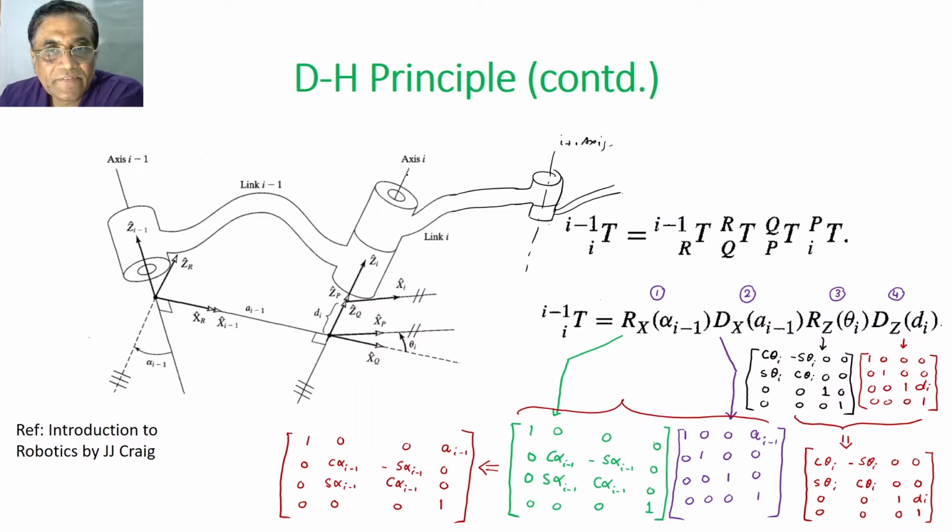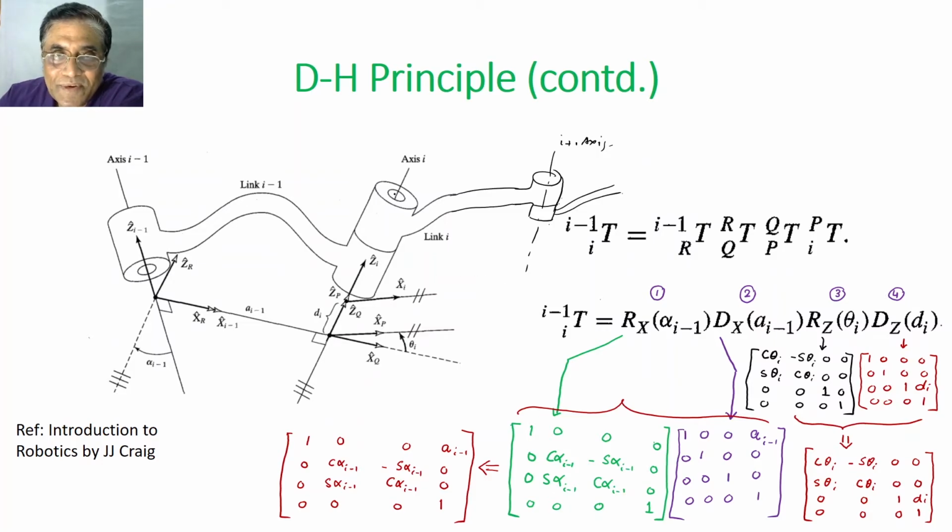So we have identified two axes, Zi and Zi minus 1, and now this is the coordinate frame characterizing link i. So this is xi, which is directed along the common normal.